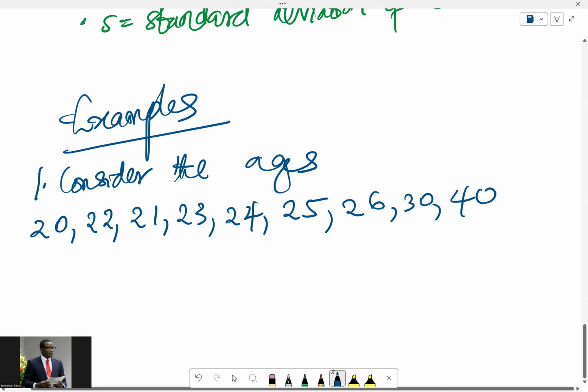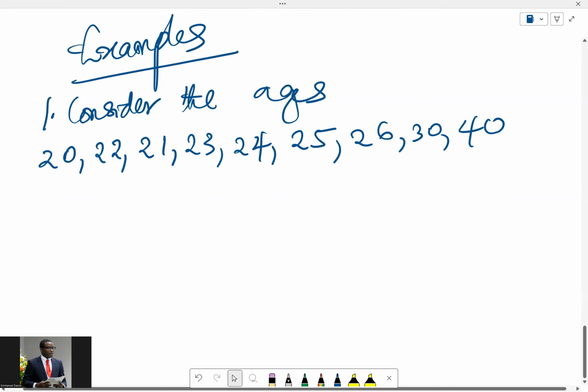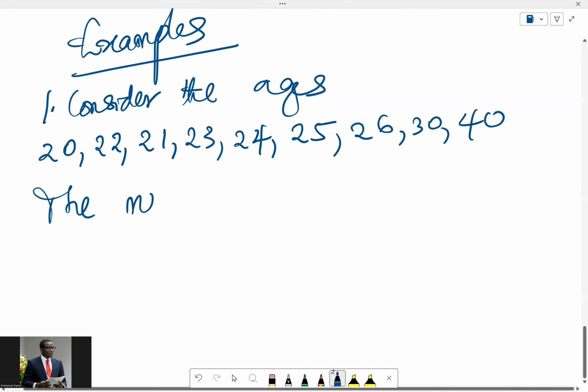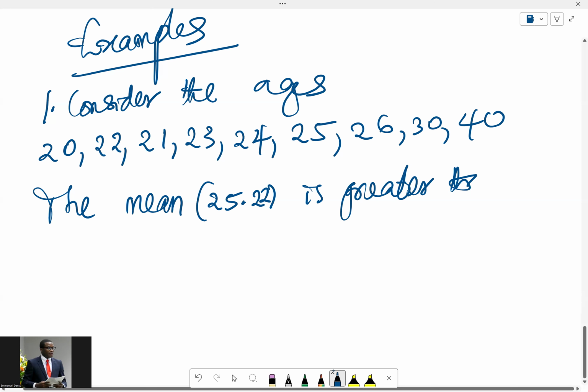Okay, if you consider that, right? So you can compute the mean. The mean is 25.22. If you calculate that, the mean is greater than the median. The median is 24.